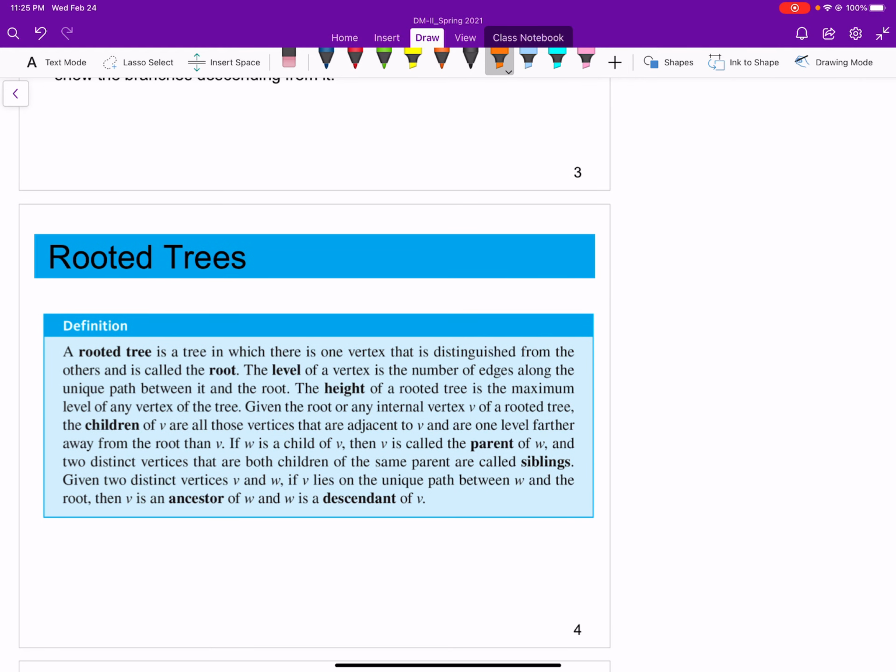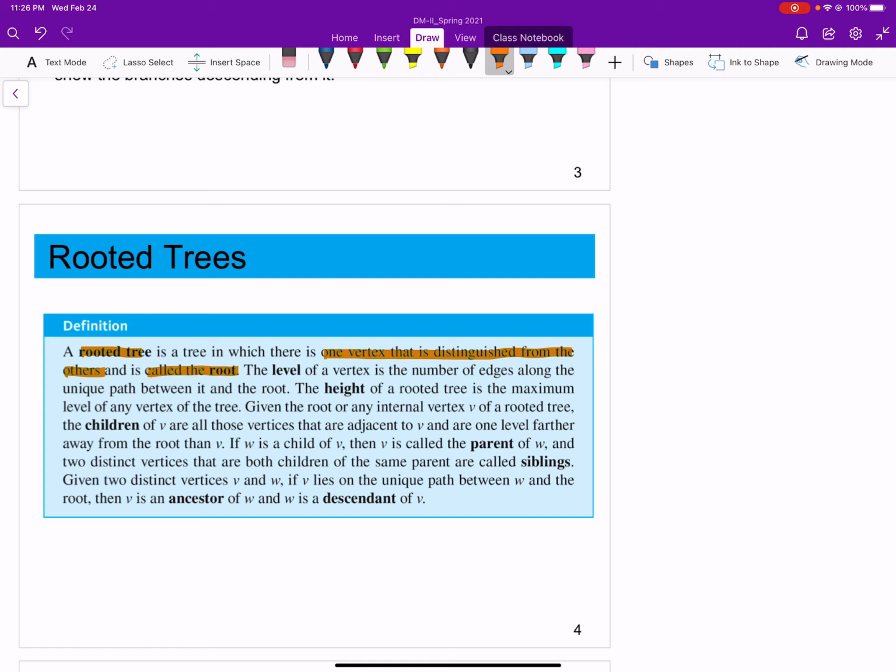A rooted tree is a tree in which there's one vertex that is distinguished from the others and is called the root. So these are the definitions.